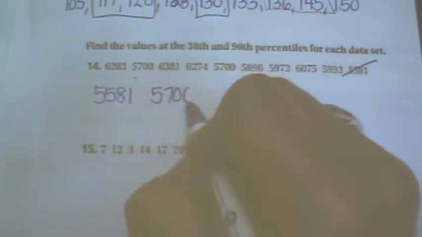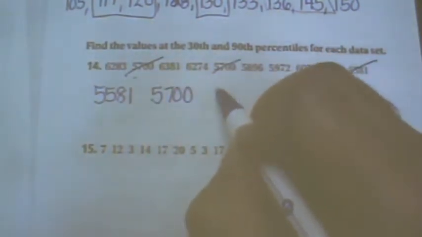What's the smallest? The last one, I agree. 5581. Then what? 5700, twice. I see two of them.